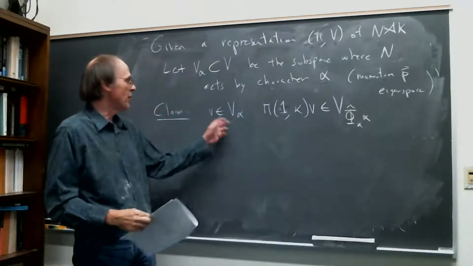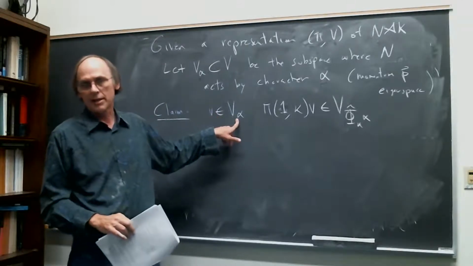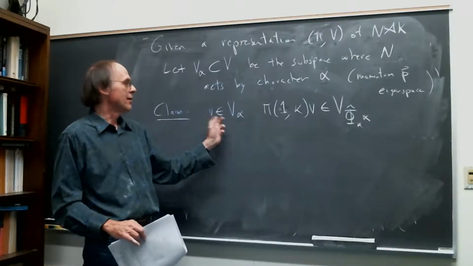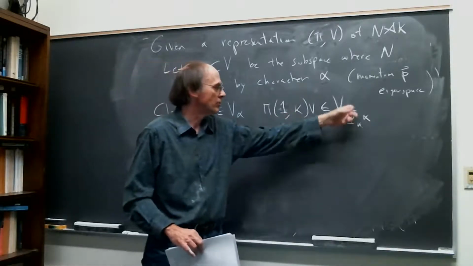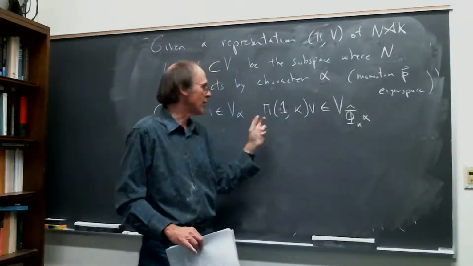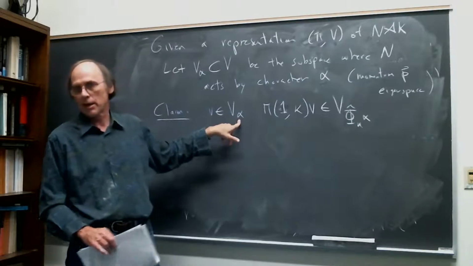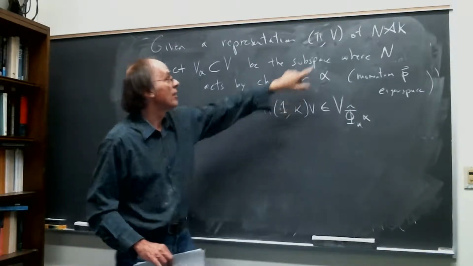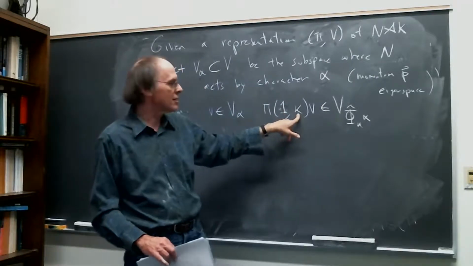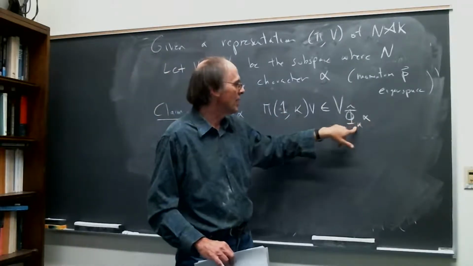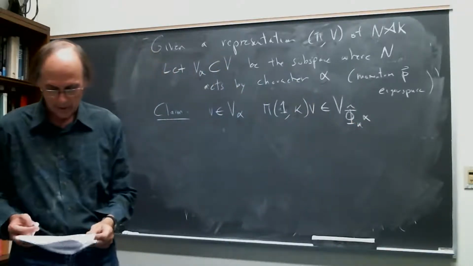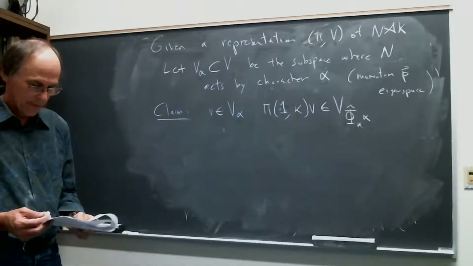Okay. So you get moved around from one eigenspace to another eigenspace, and the way the eigenspaces change is just that k acts by this automorphism on the characters. Or if you like, if you have something in the p eigenspace, you act with an element of this, where you don't do a translation, you just do a rotation. You're just going to rotate the p vector to a rotated p vector. Okay.